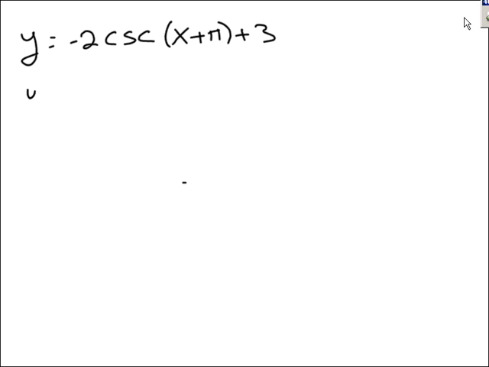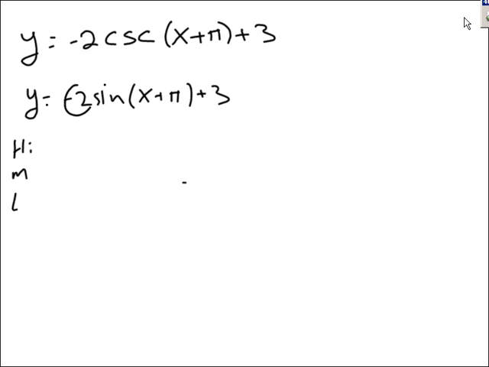So first we graph y is equal to negative 2 sine of x plus pi plus 3. So the high, the middle, and the low.